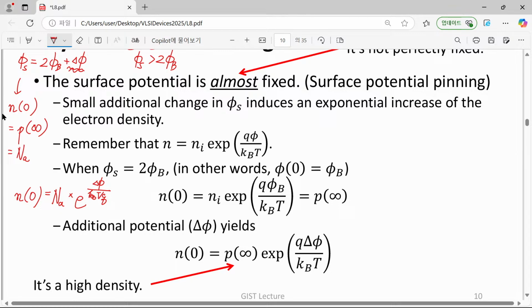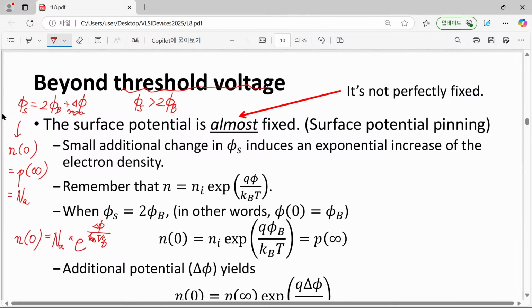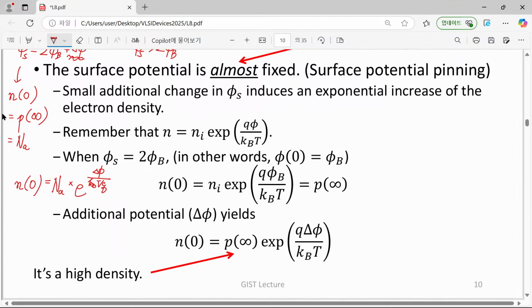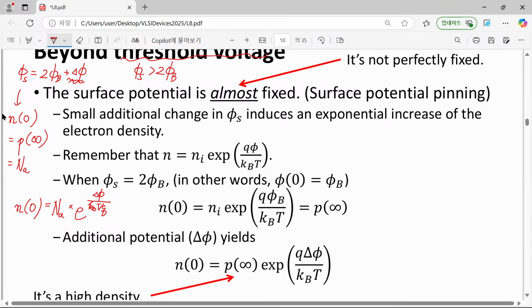So once we have strong inversion, a small amount of additional band bending introduces quite a large increase of our electron density.